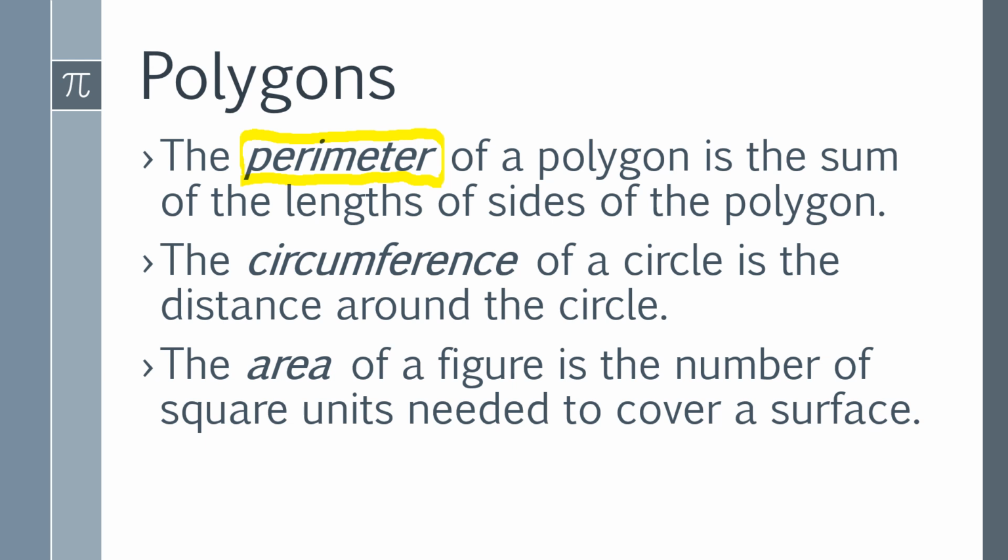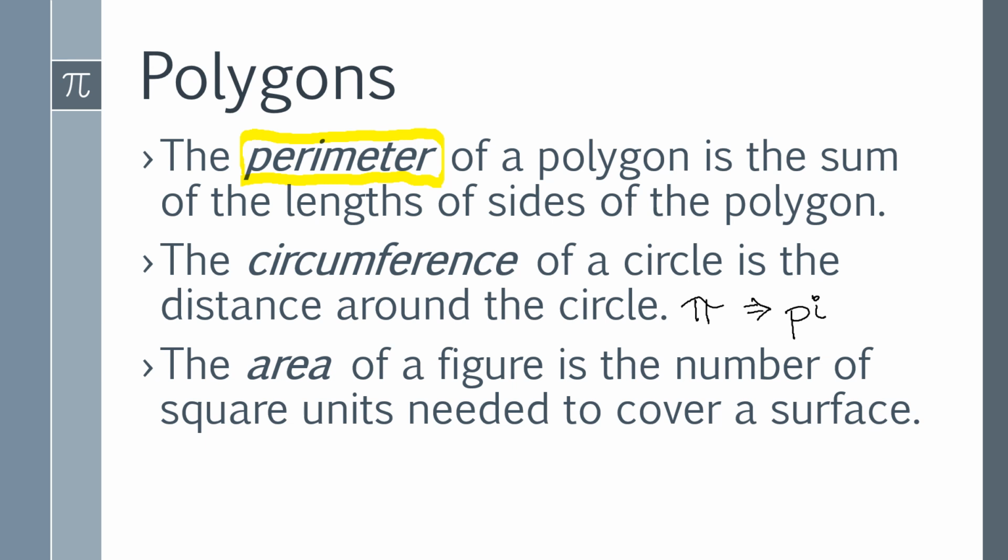All right? The circumference of a circle is the distance around a circle. Now, when we get to working and solving for circumference, you're going to see this value, and that's known as pi, okay?